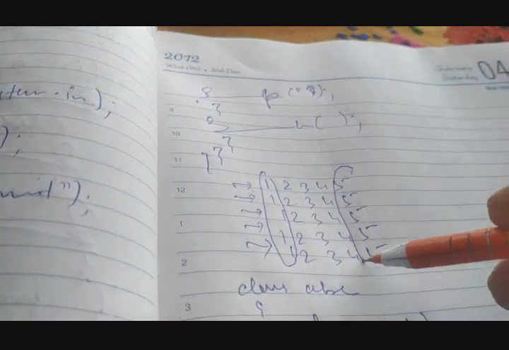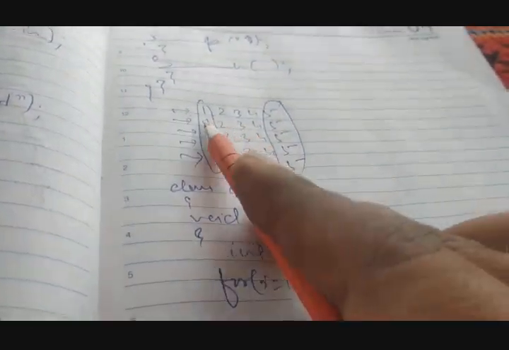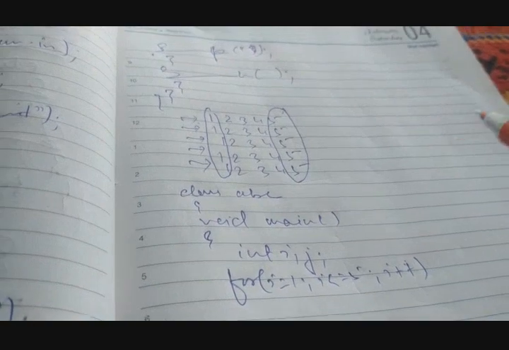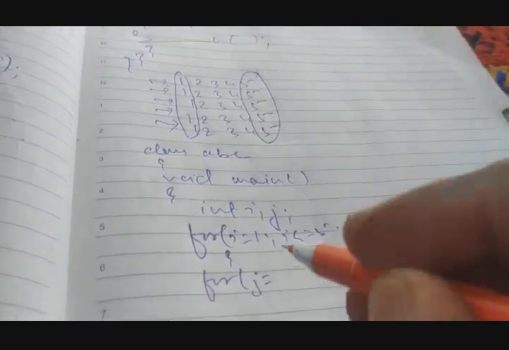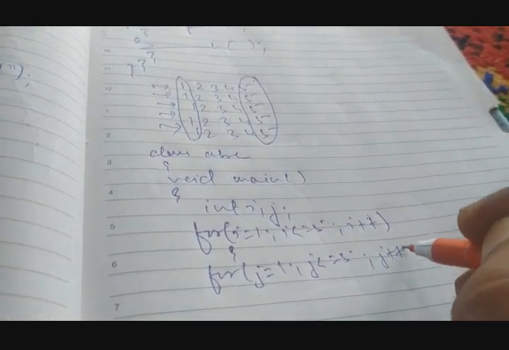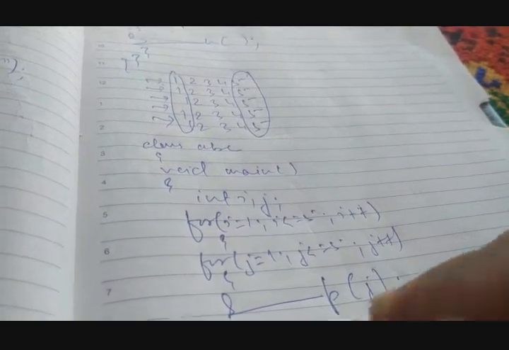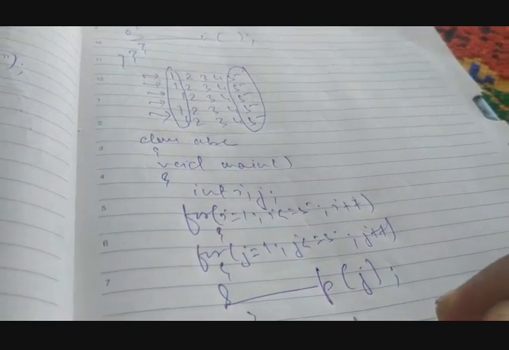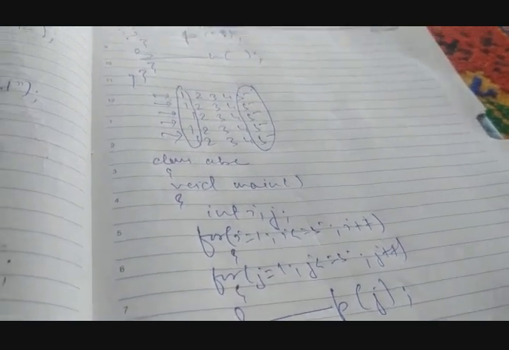Where does the j end? 5. And the values are changing in a positive way, 1 by 1. So for j equals to 1, j less than equals to 5, j plus plus, SOP j, then SOPln blank, outer for close, main close, class close.